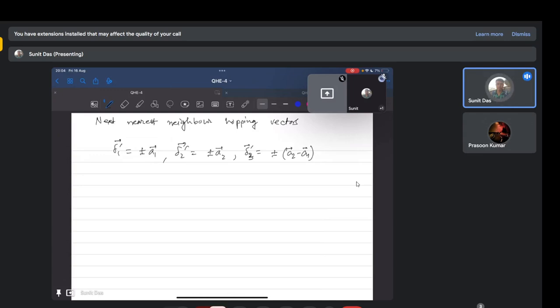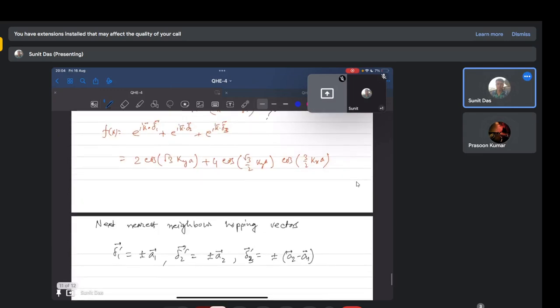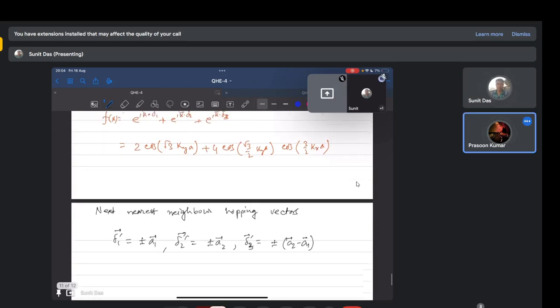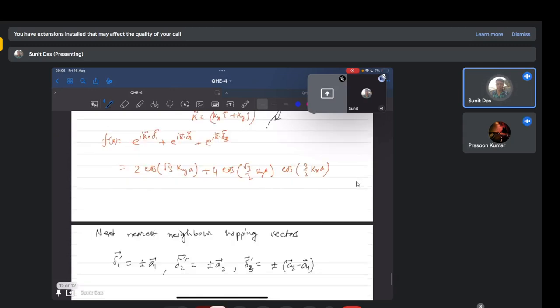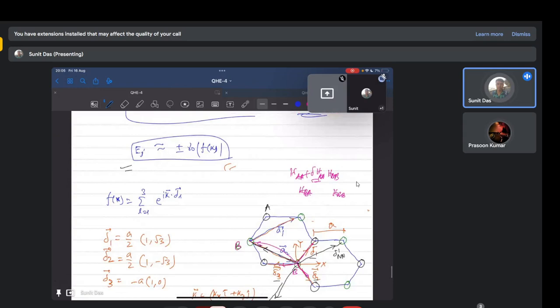For this Hamiltonian, you will get some additional terms. If this was the energy with the nearest neighbor, then with the next nearest neighbor you will get some term, gamma 1 or t prime, whatever you call it. You have to give some name to the next nearest neighbor hopping elements.